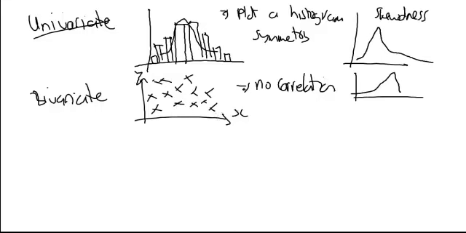So knowing what the value of x is doesn't tell us anything about what the value of y is going to be, or knowing the value of y doesn't tell us anything about x. They seem to be all over the place.